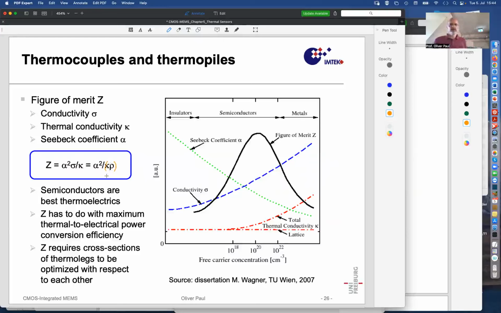And that value reaches a peak for semiconducting materials with high free carrier concentrations.